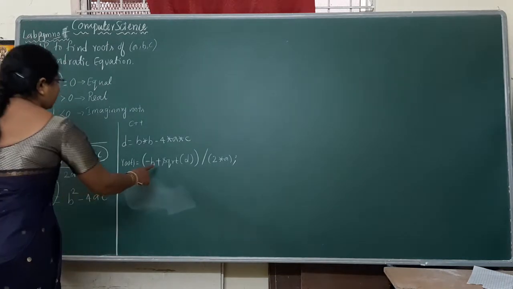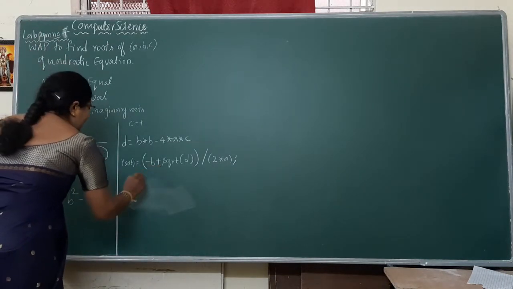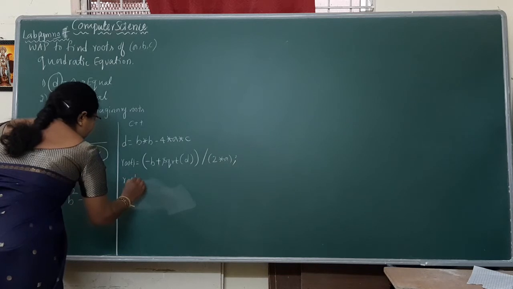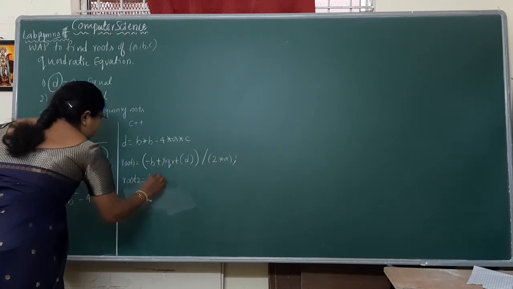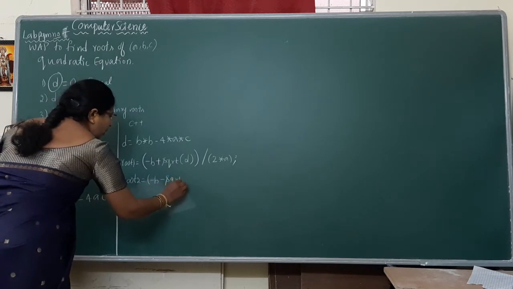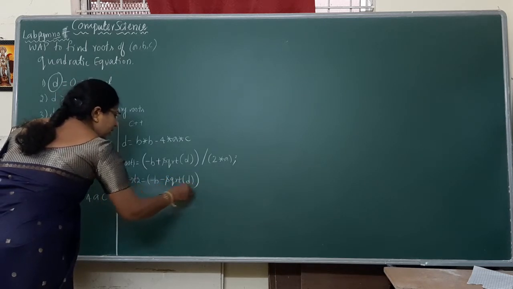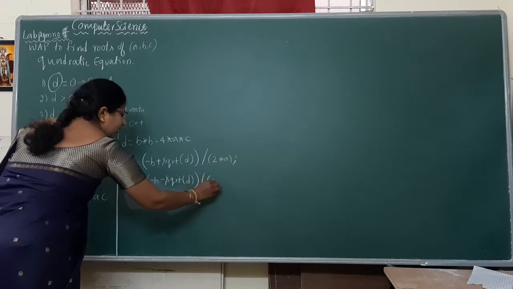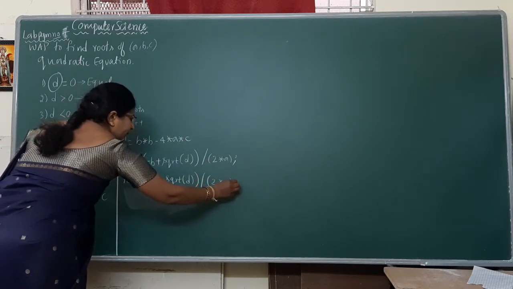Then for the plus root, wherever there was plus, change it to minus. Root 2 equal to minus B minus square root of D, whole divided by 2 into A.